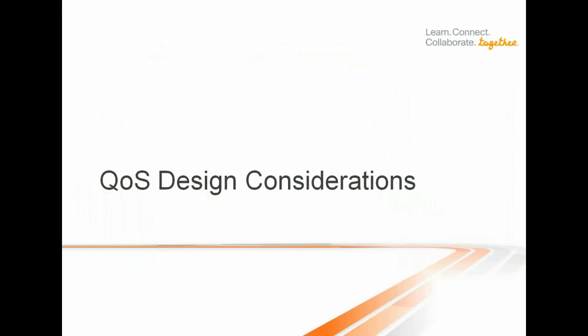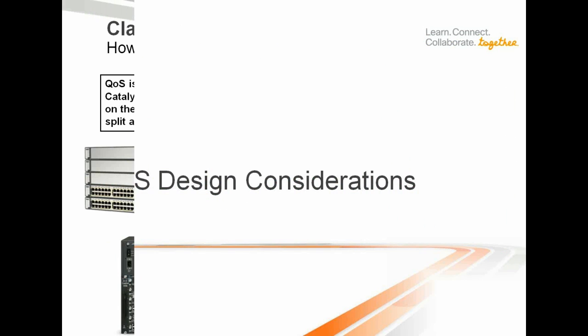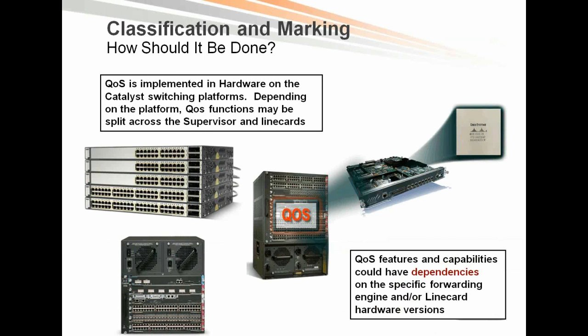Now, with that said, that was a fairly high-level overview of the design considerations from the overall perspective of quality of service. And now we're going to get into the details, and we'll start with classification and marking. So the main part of quality of service and the reason that quality of service actually works is the ability to classify individual traffic types and specific applications. And the reason this slide is here is to really demonstrate how it should be done, which is we want to push this to the ASICs as much as possible.